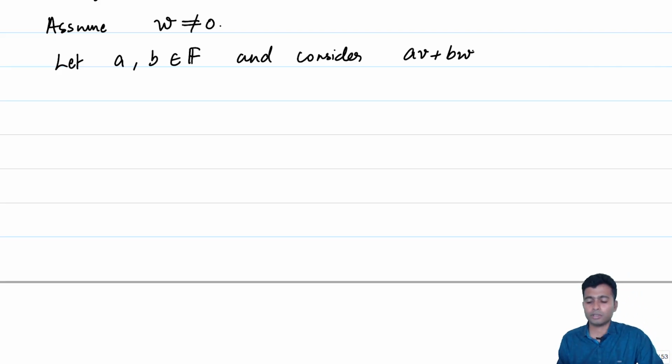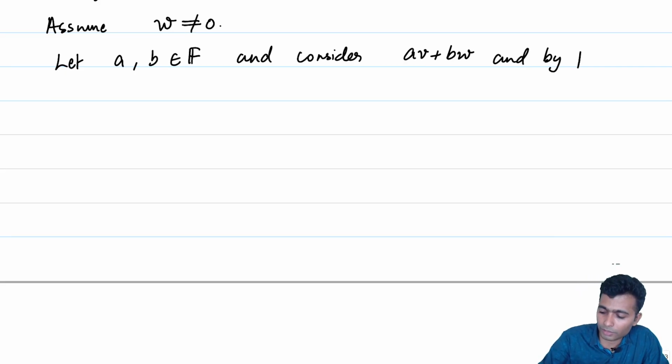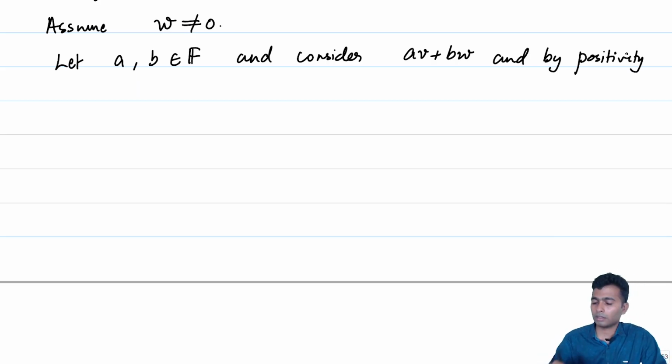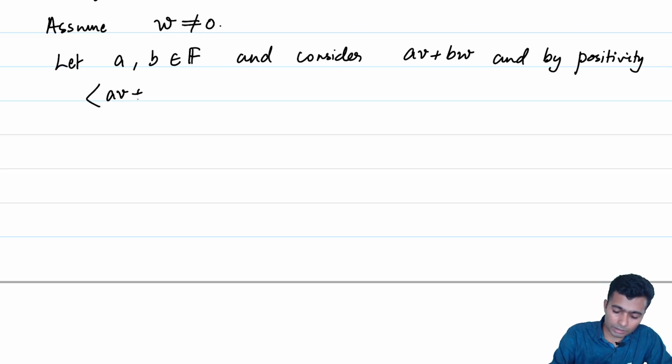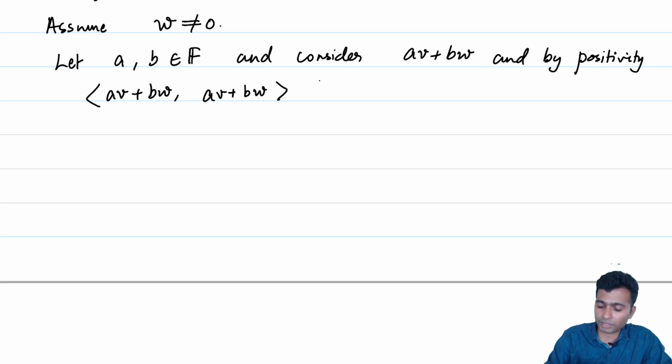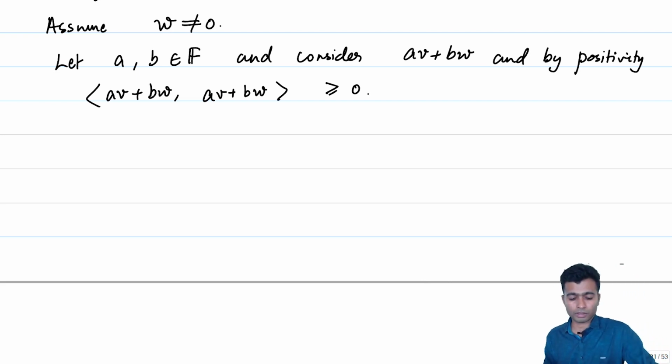Now this is a vector in the vector space V, and by positivity of the inner product, so technically the third condition in the definition of an inner product, the inner product of AV plus BW with itself is greater than or equal to 0, with equality if the vector is 0.